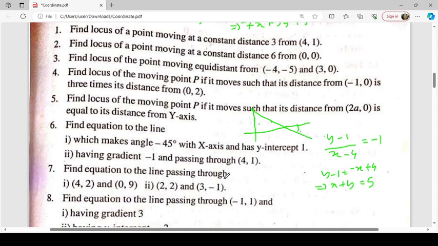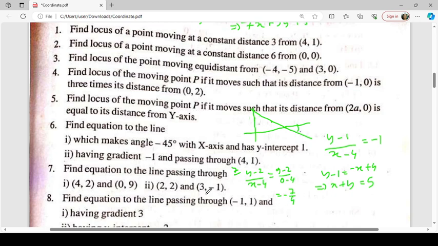So this is y2 minus y1 by x2 minus x1, number 7, it is y minus 2 by x minus 4 is equal to 9 minus 2 by 0 minus 4. Then simplify it, so the gradient is 9 minus 2 by minus 4, it is minus 7 by 4. Then simplify it, so y minus 2 into 4 is equal to x minus 4 into minus 7, and simplify it and we will have it.